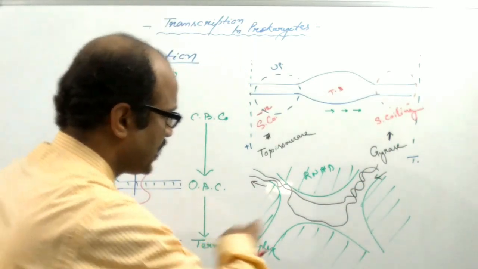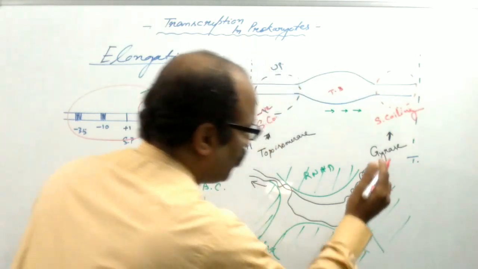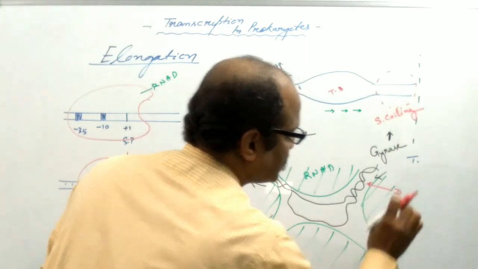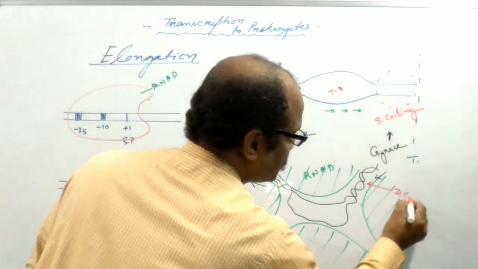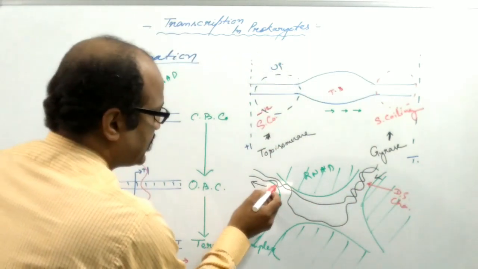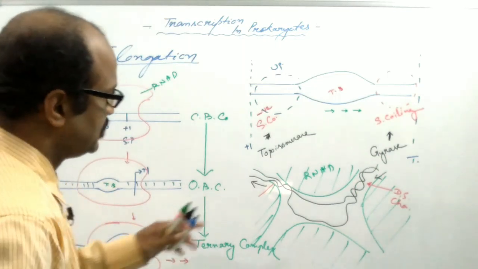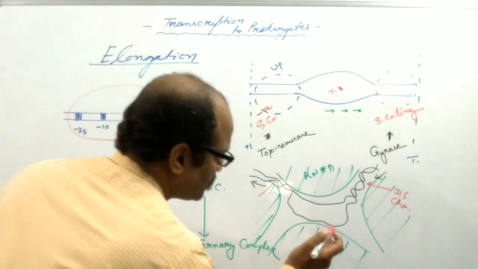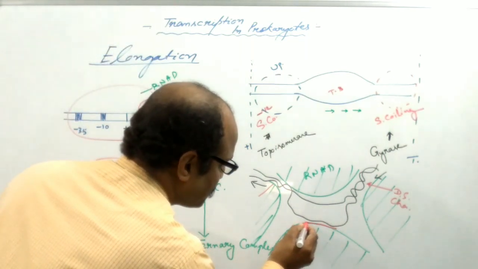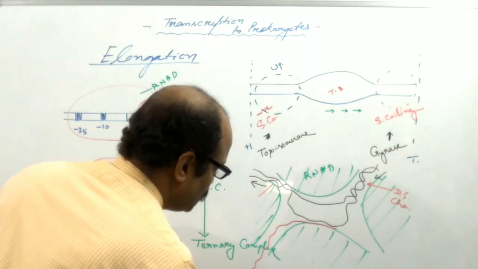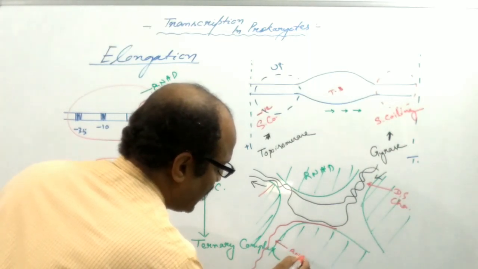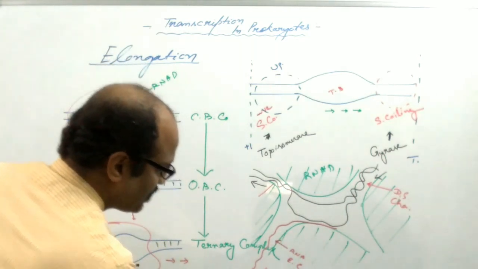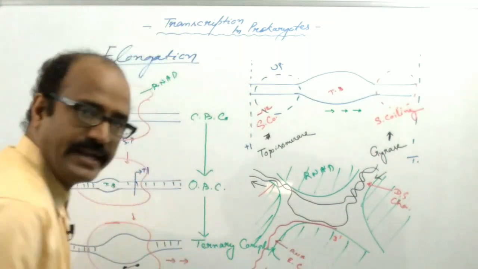The downstream DNA strand enters into the RNA polymerase through the downstream DNA channel and exits through the exit channel. And this is the newly synthesizing RNA molecule, which exits through the RNA exit channel. So here the synthesis takes place in the 5' to 3' direction.